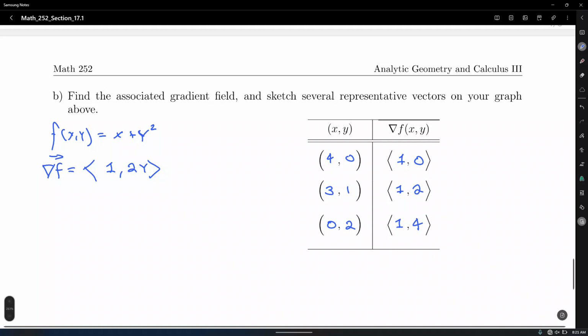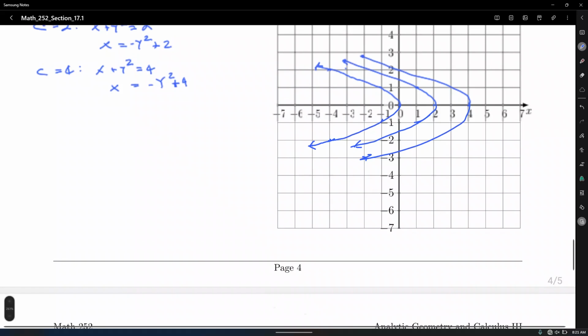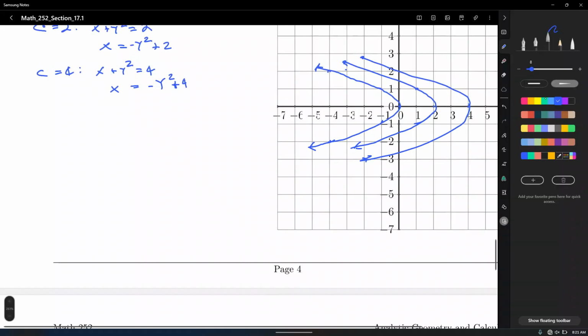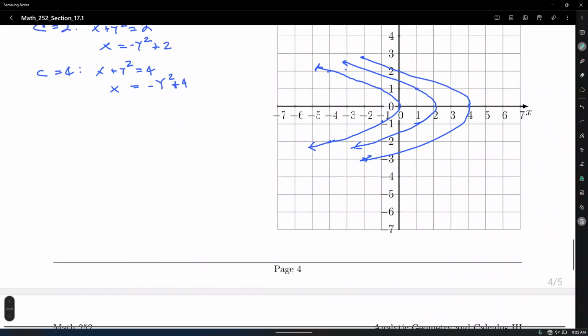Let's plot these vectors at the corresponding points. At the point 4, 0, we got the vector 1, 0. So from here, I go 1 unit to the right and 0 units up.